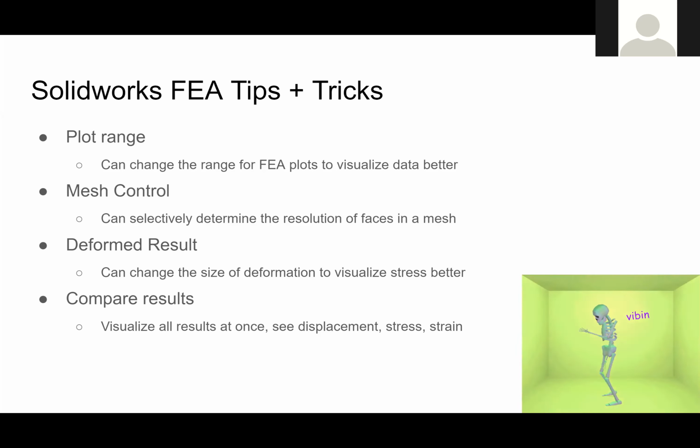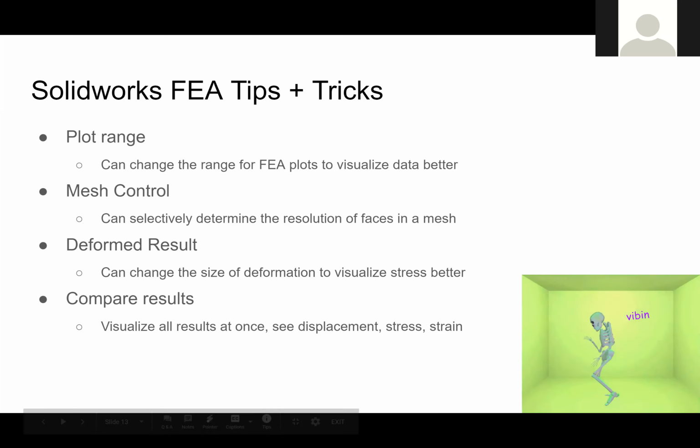Deform result basically deforms the areas that have the most load. So say in a stress plot, the red areas would be deformed and you could visually see, oh, hey, this is where it's stressed out most. You could also use a compare results function to look at the displacement, stress, and strain side by side. I'll go over this a lot more later.